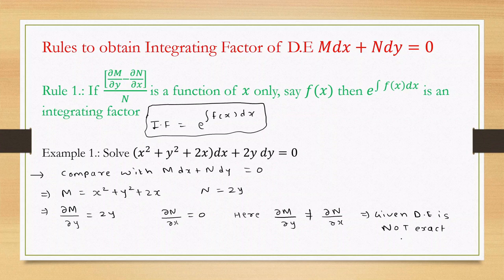But we can convert it into an exact one by multiplying by the integrating factor. And what is the rule to find the integrating factor? Rule number 1: if dou M by dou y minus dou N by dou x, upon N, is a function of x only, then the integrating factor is e raised to integration f of x dx.